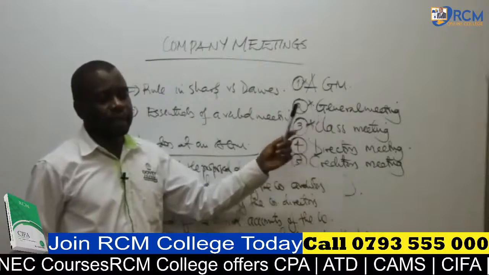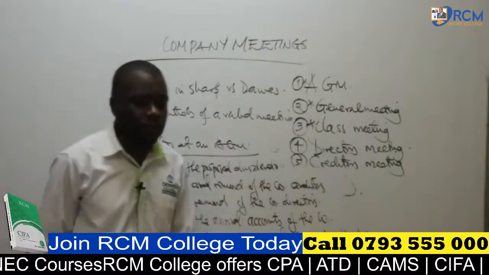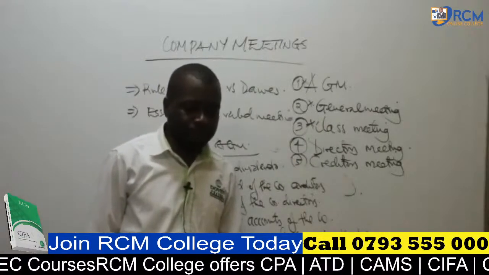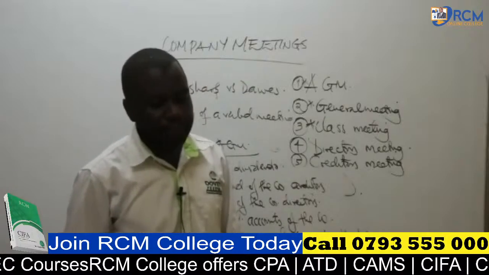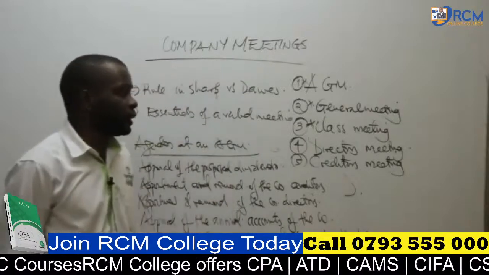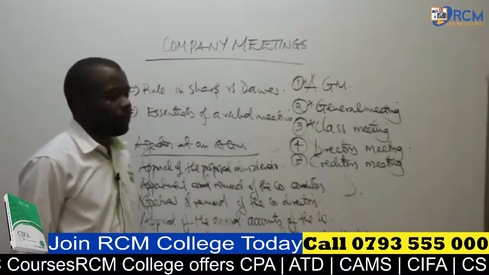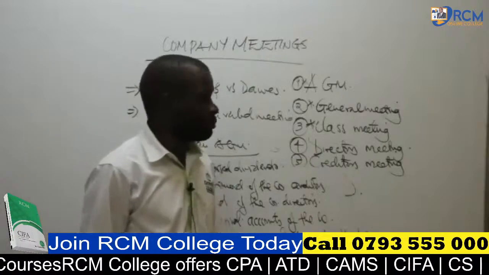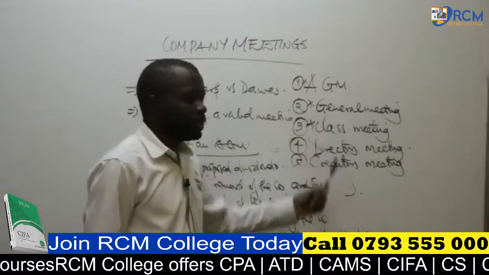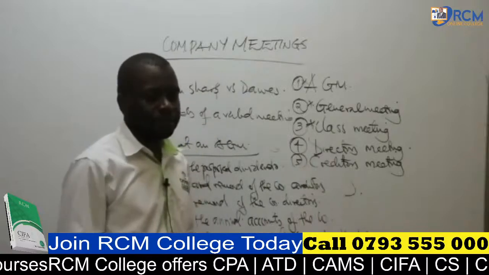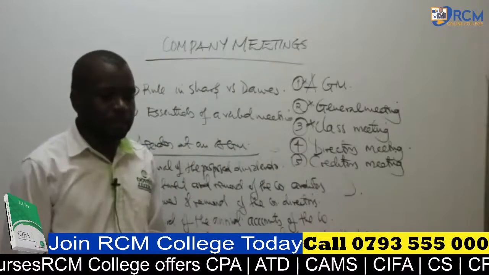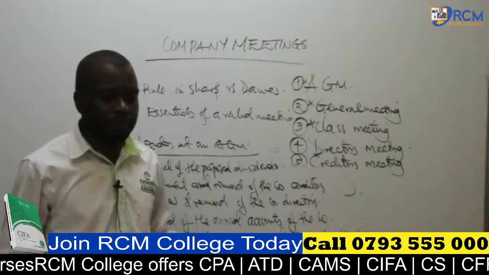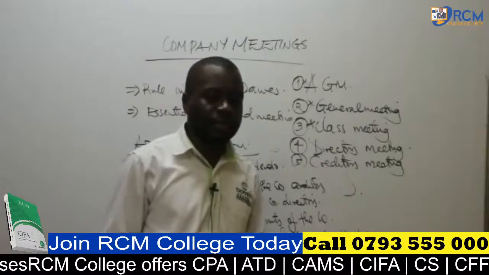It is any other meeting in a company other than the AGM, convened for the purpose of discussing matters of urgency in the company, which can't wait for the AGM. This one can be convened anytime, so long as there's something very important to be discussed in the company.